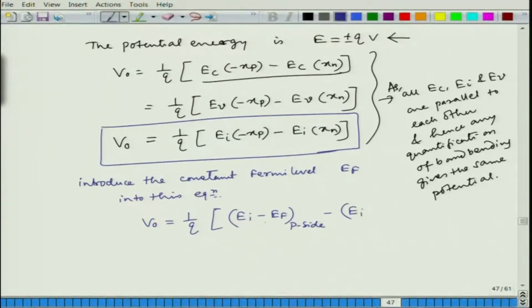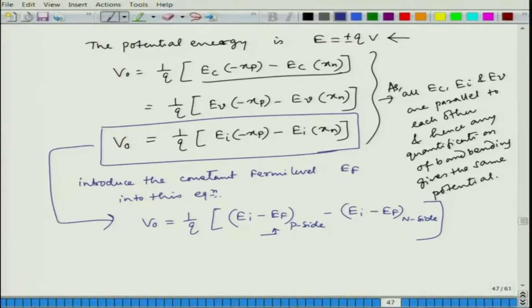Now, you have subtracted E f here, right. So, you need to add it. Okay, here we have added it, and this is in the n side, right. The same thing we can write by introducing E f. And now, we have a very good form which we can use independent of the junction.